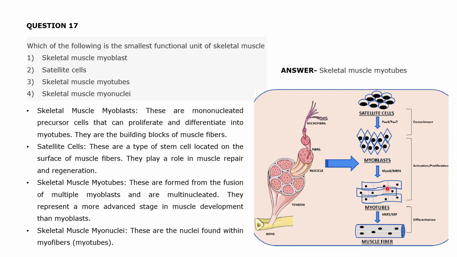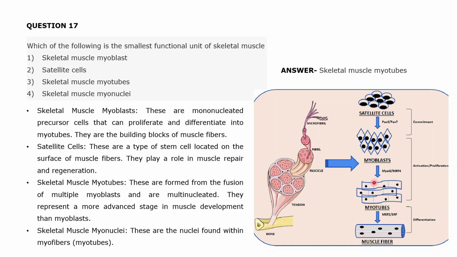So basically this is the smallest functional unit, because if you look into the microscopic view of each and every myotube, it has the myosin, dark band, light band, that are aggregated within a particular form, and it has the ability to contract and relax. So it carries out the function to contract and relax according to the stimuli that is received. So that is the smallest functional unit.